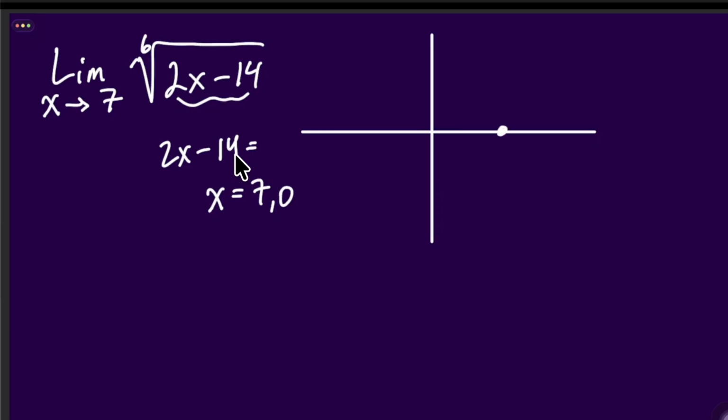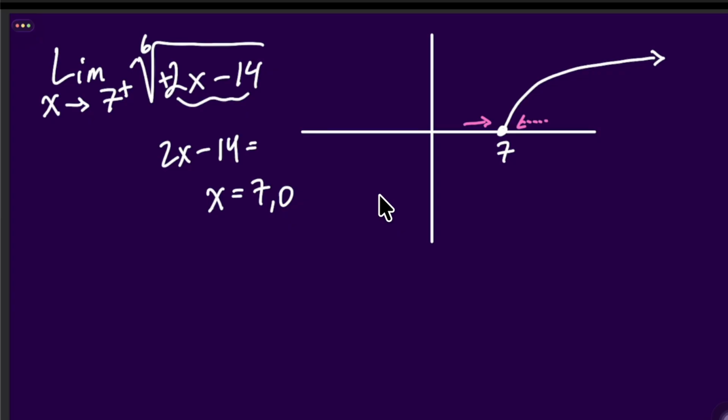So this function is going to look something like this. Because this is positive and that's positive, it's going to head towards the first quadrant. So if this is x equals 7, we have to remember that yes, as x approaches 7 from the right, this would be 0. However, x approaching 7 from the left can't occur because of the limited domain.